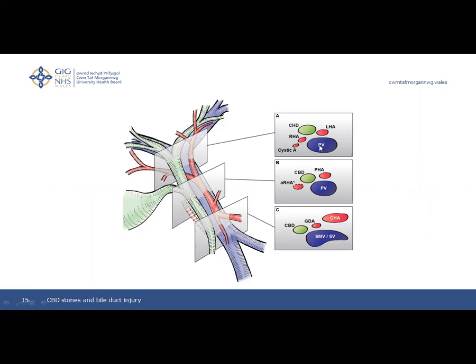The portal vein is always the posteriormost, deeper structure, so it is highly unlikely to injure the portal vein during a laparoscopic cholecystectomy or a CBD exploration, and there's a high chance of injury to the hepatic artery. The right hepatic artery is the most common structure which can get injured, and less likely to get injured is the posterior hepatic artery or the left hepatic artery.